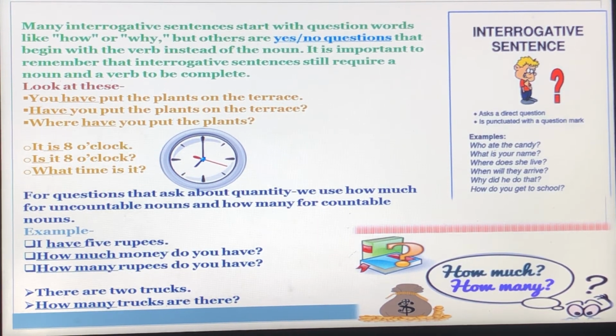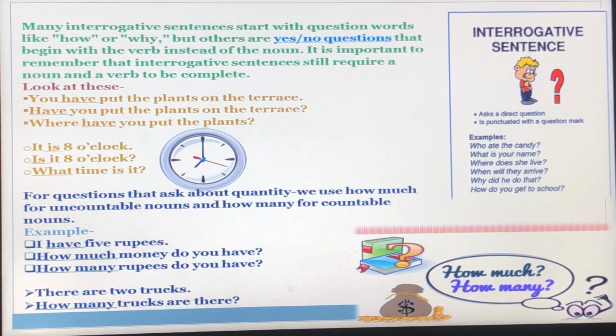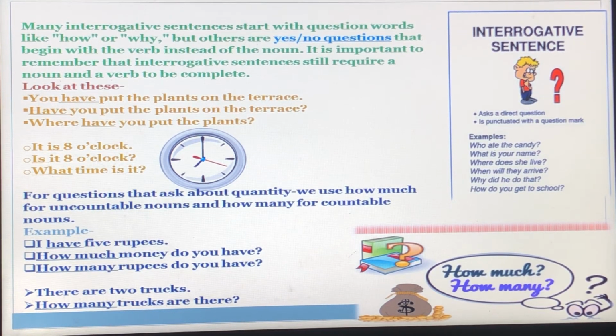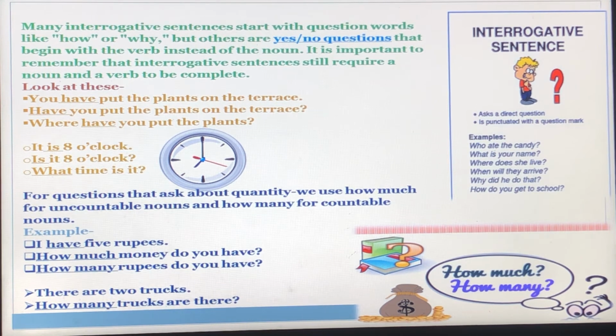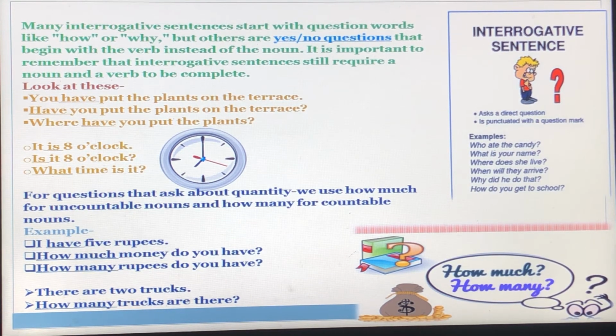However, when we form a question, we put the auxiliary have before the pronoun you. In the second set, the verb is comes after the pronoun it in the assertive sentence. But in forming a question, we put the verb is before the pronoun it.